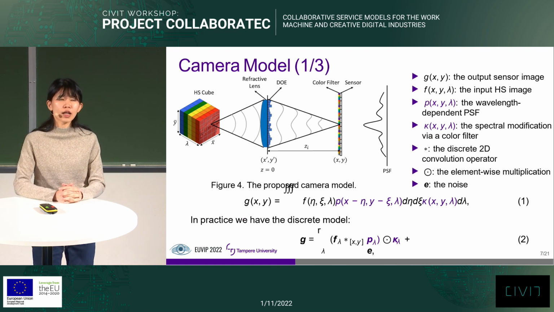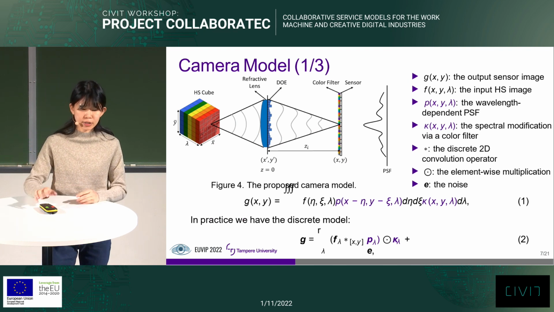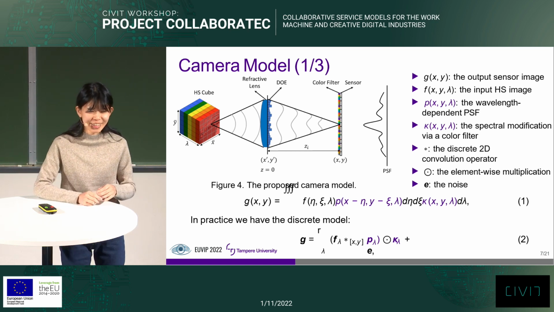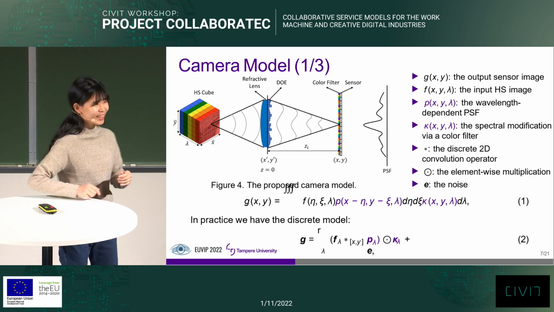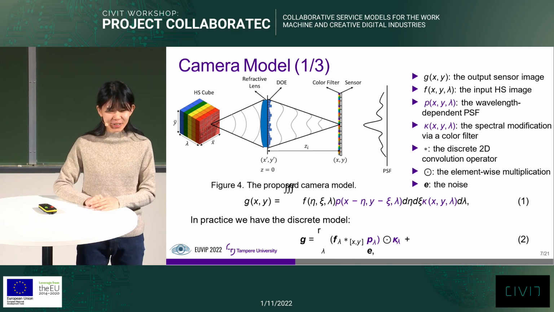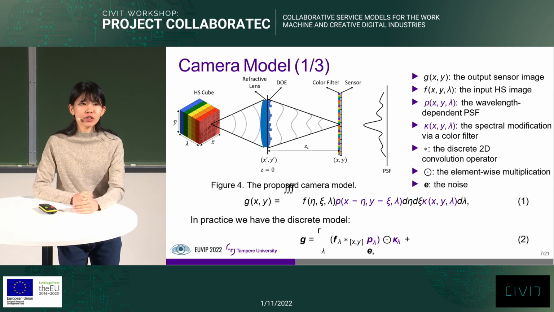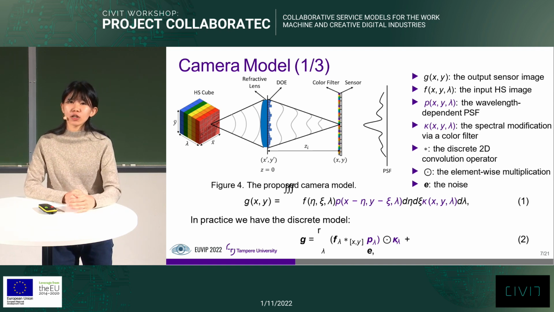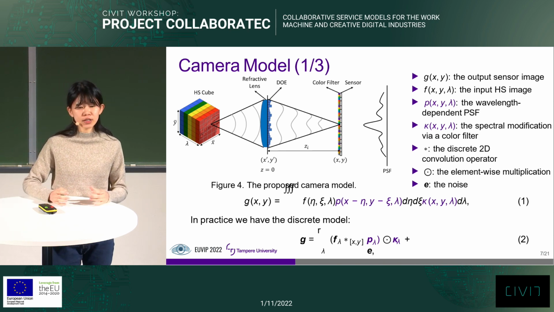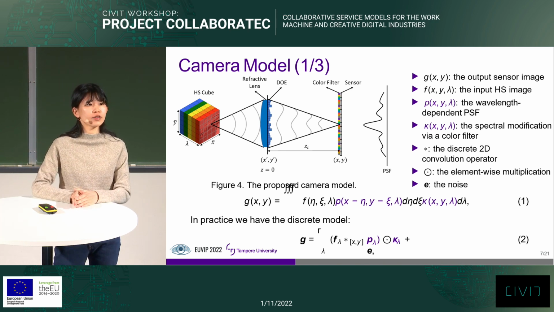So in detail, this is how the camera model looks. It seems the equation is a bit cut off, but maybe it's readable. First, we start with the continuous camera model because it reflects the physical model of the camera.